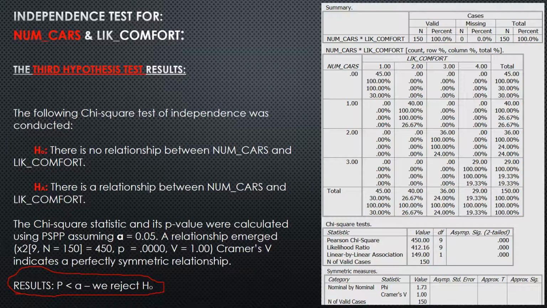We also find in this test that we have a perfectly symmetrical relationship. So here are the p-value and V-values. Again, you can see what the data in PSPP gave us in these two areas.